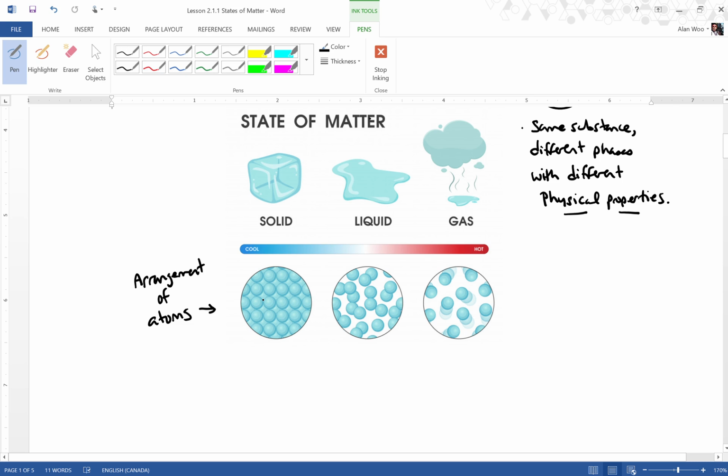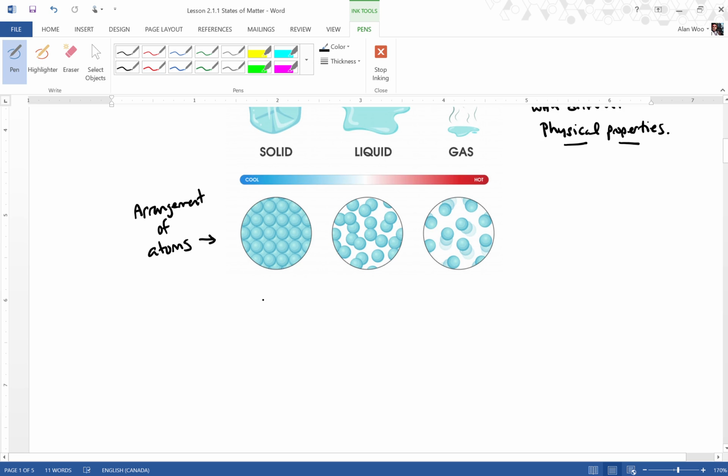So we can basically comment on their atoms being densely packed. They have a definite shape to them.